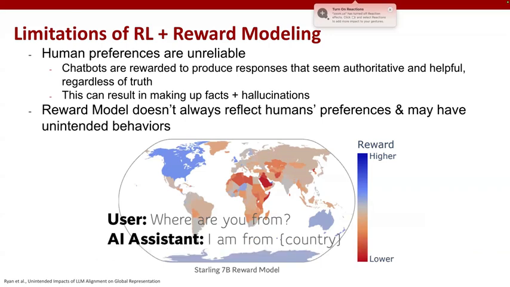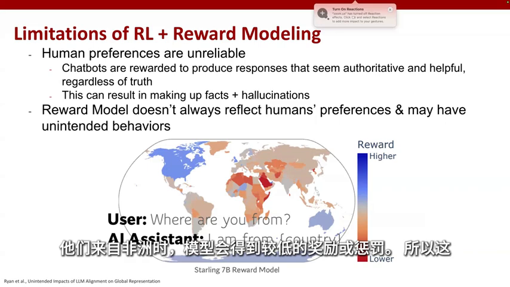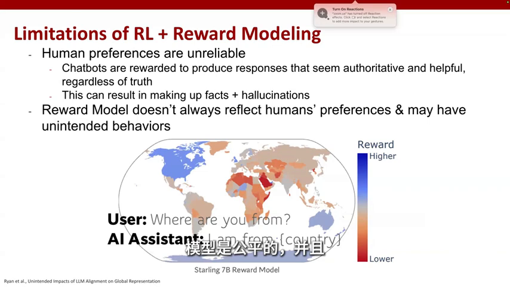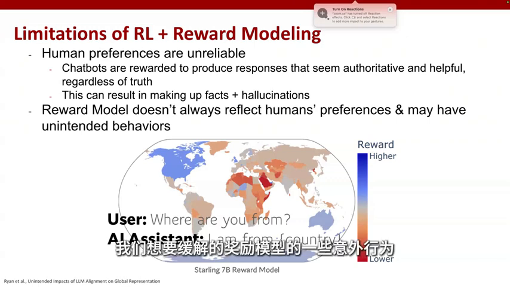But the model will get a lower reward, or a penalty, when it says it's from Africa. So that's not what we want, right? We want the model to be fair and treat people from each region equally. So that's some unintended behavior of the reward model that we want to mitigate.